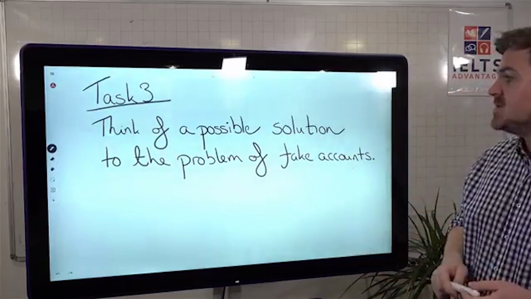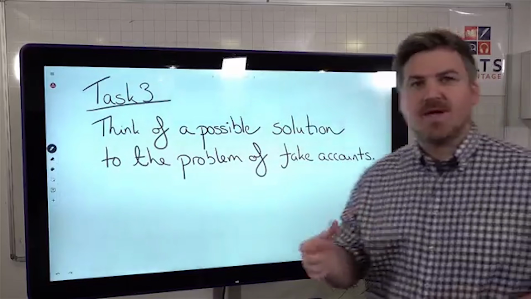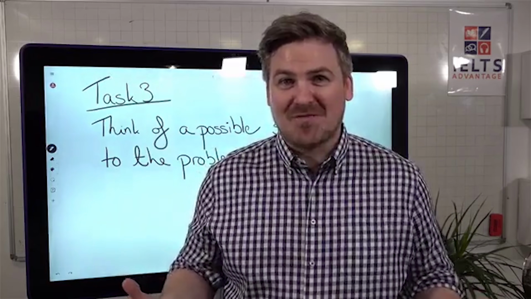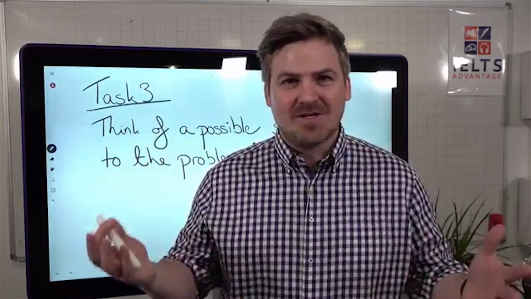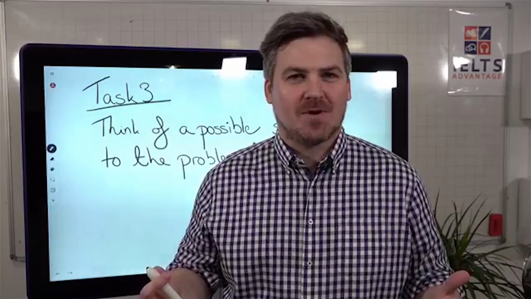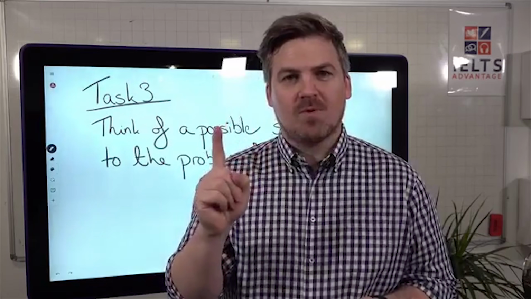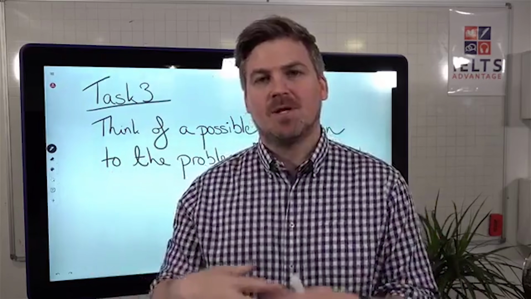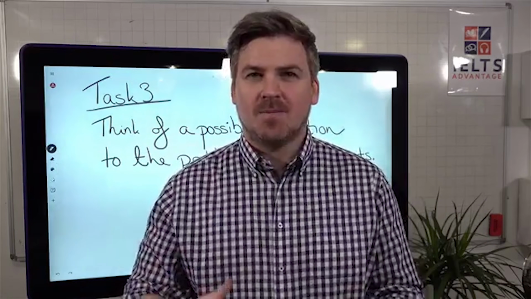So think of a possible solution to the problem of fake accounts. So imagine you're Mark Zuckerberg, or you work at Facebook and you have all these fake accounts. How would you solve that problem? So just try and think of one solution, and try and think of a solution that you would be able to explain properly, and you maybe use an example to help you explain it.